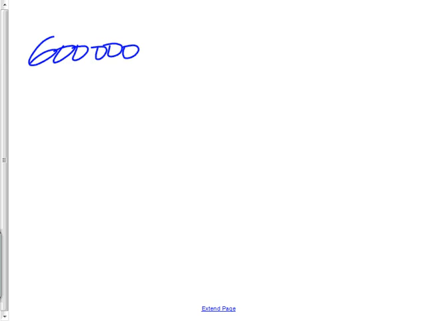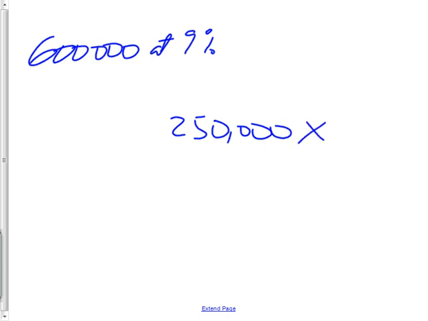Okay, so he's got 600,000 at 9% return on your money. He's got another $250,000, and he's going to put it in some other investment, but he doesn't know how much it's going to get him.